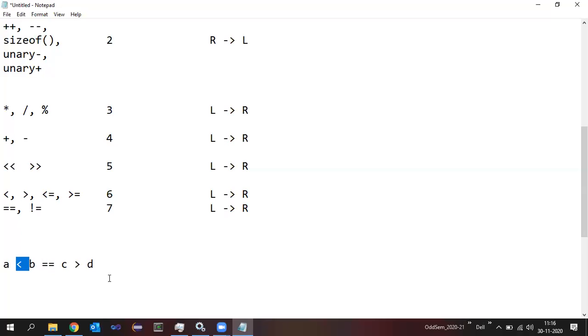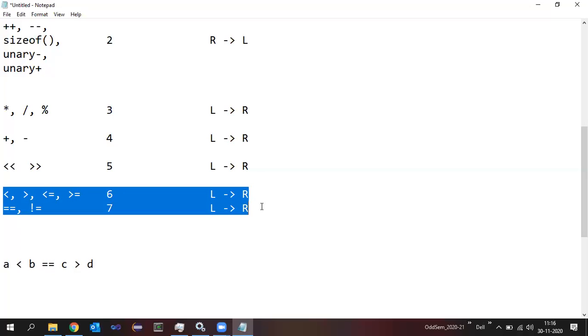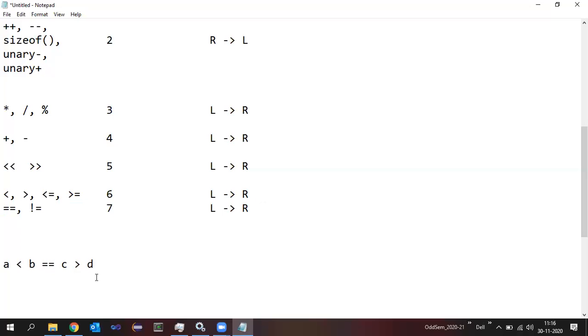First we have less than, then equals to, then greater than. Now, as per this criteria, which operation do we need to perform first? A less than B. Now, if you look here, A < B and C > D.